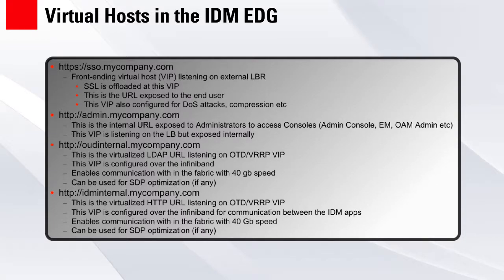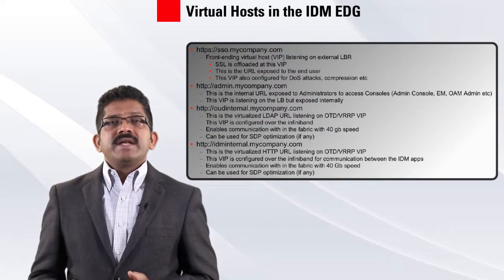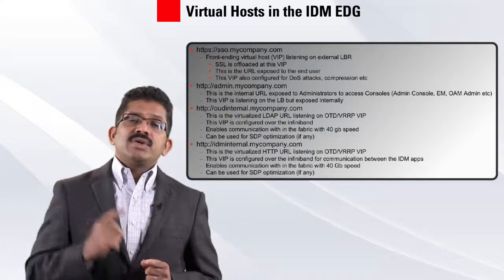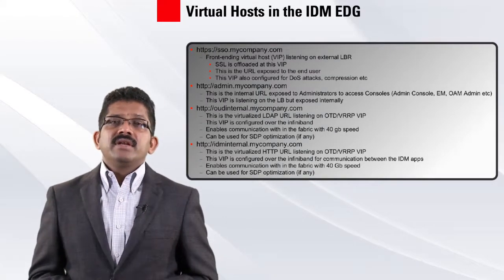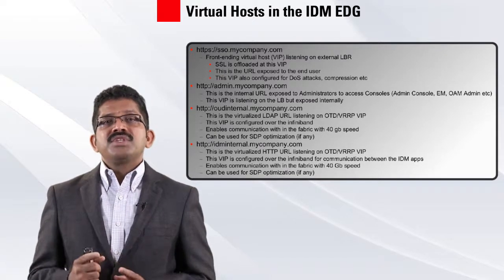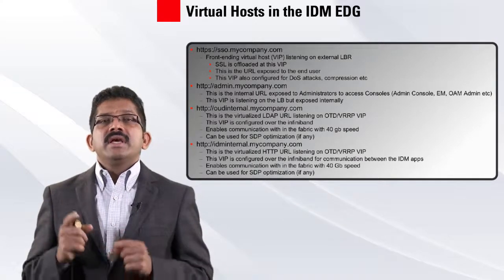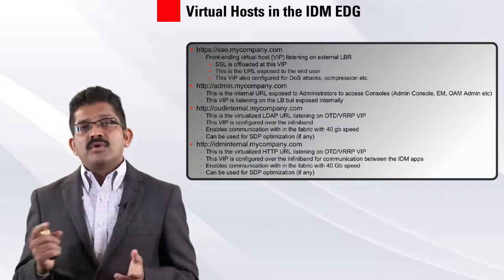And there is one more thing you need to realize here: requests coming from outside or going outside your data center are always encrypted. It means always SSL. If you look at sso.mycompany.com, which is the VIP exposed to the outside, that is configured only in HTTPS mode on 443.